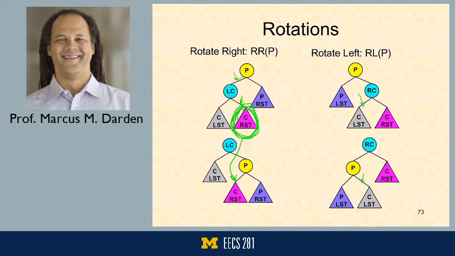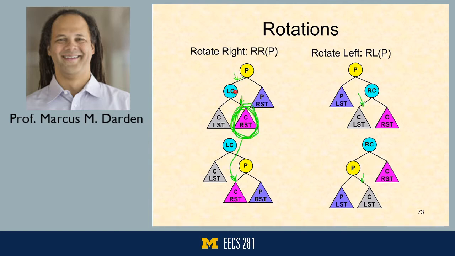Those relationships are retained. And in this particular drawing, we see these circles represent nodes, and the triangles represent an entire subtree of some height that's undetermined, right? So we don't even know. That could be many, many nodes. But even if it is many nodes, all of these purple nodes have to be not less than LC.